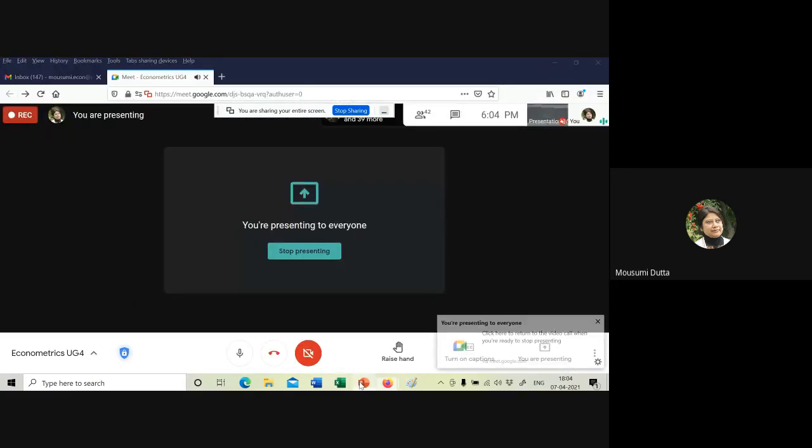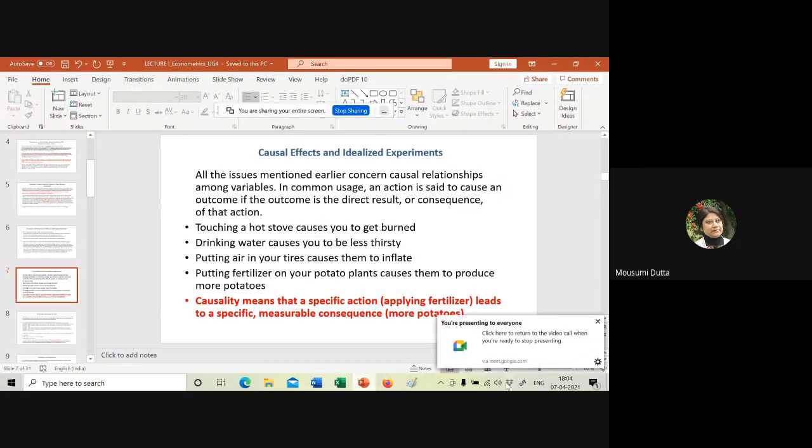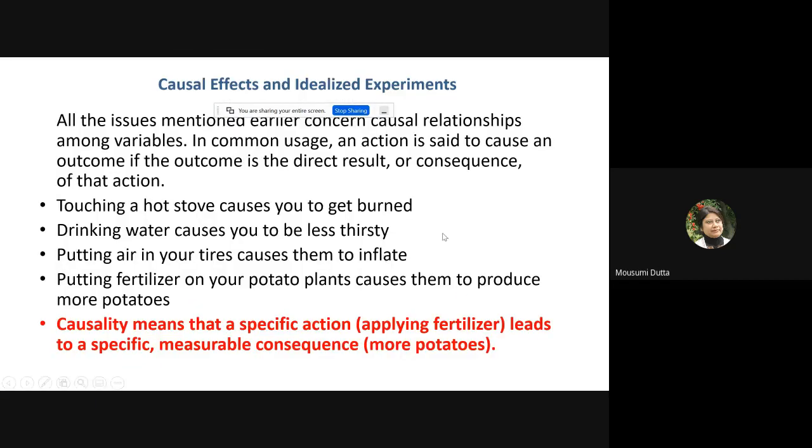So coming back to our slide, causality means that a specific action, as I mentioned, applying fertilizers, leads to a specific measurable consequence, more potatoes.